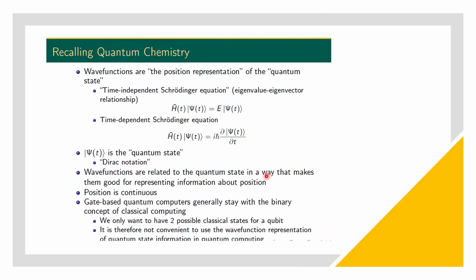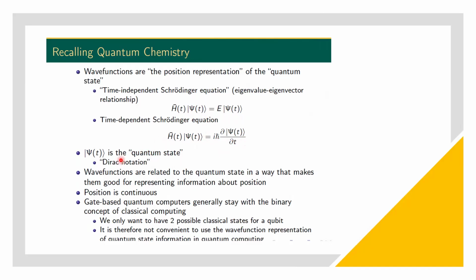And so if we don't necessarily want to work in the position representation, and we want to work with this idea of a quantum state, we can represent the quantum state as a function of time. And so we use this weird notation here called bracket notation. Here we will have a very similar set of equations: for the quantum state, this eigenvector-eigenvalue relationship, and then the time-dependent Schrodinger equation, really just the Schrodinger equation, which is shown here.